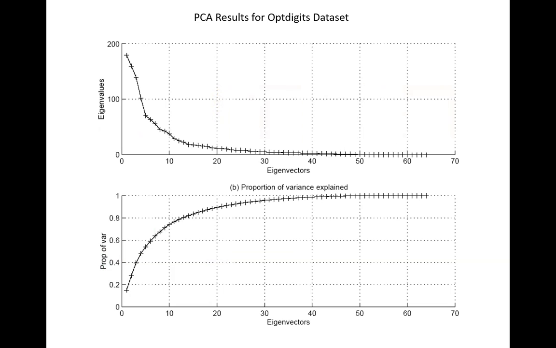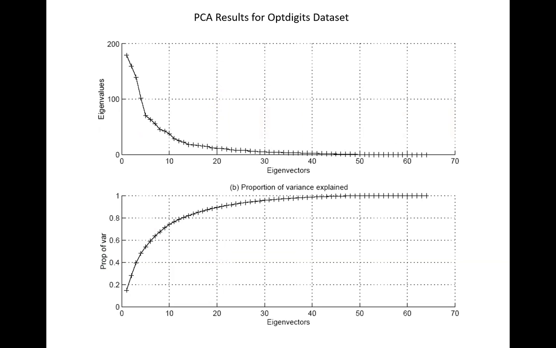And for this data set, if you were to get all the eigenvectors and again make a plot of eigenvalues as you move from index 1 to index 2 and so on, again you can see that this plot is showing a nice decay.